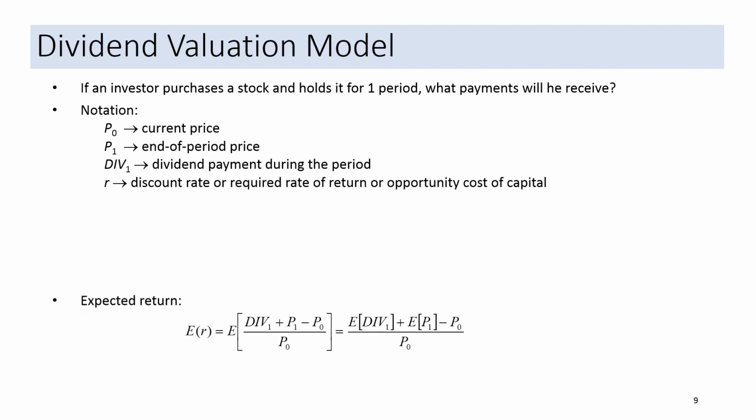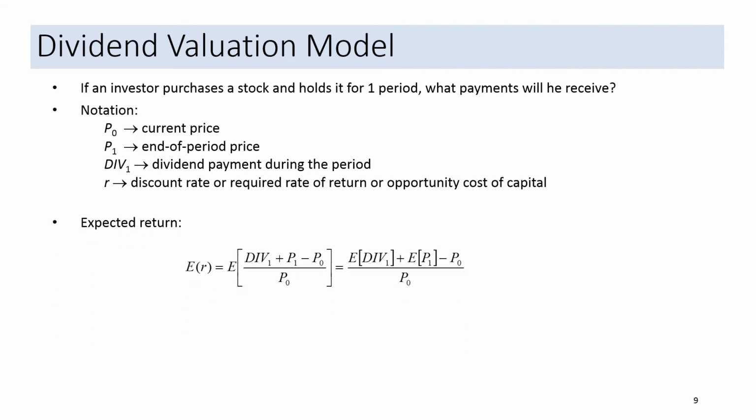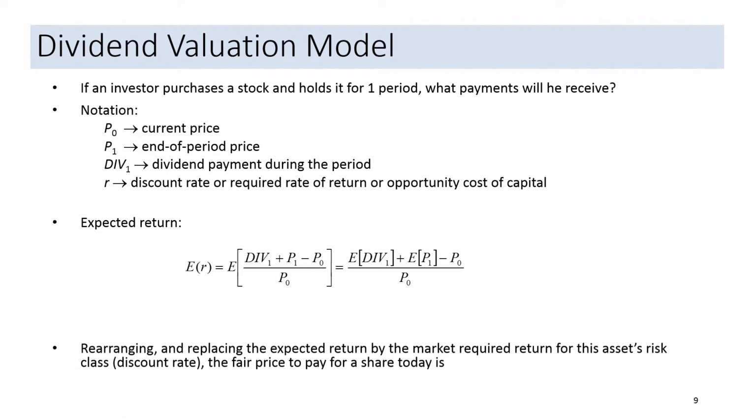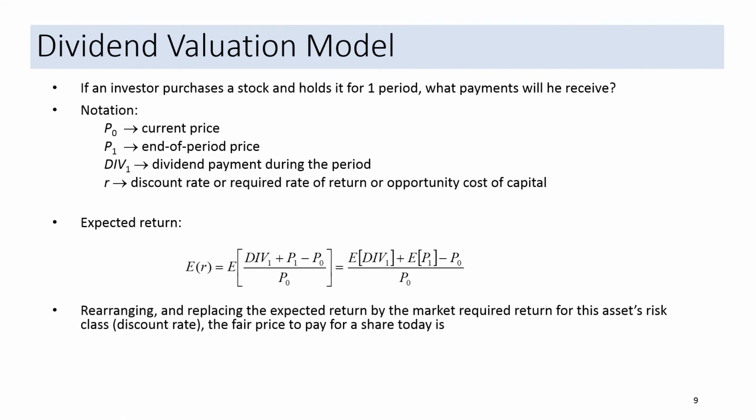The rate of return that investors expect from this share over the next year, R, is defined as the expected dividend per share, DIV1, plus the expected price change, P1 minus P0, all divided by the price at the start of the period, P0.